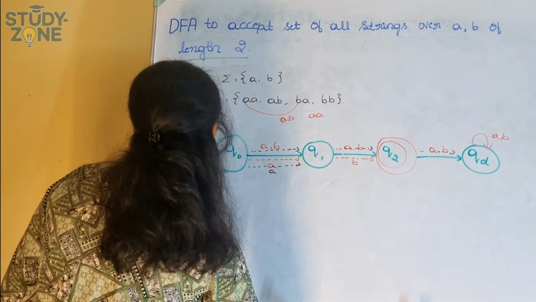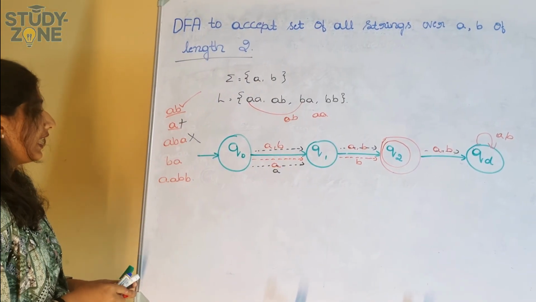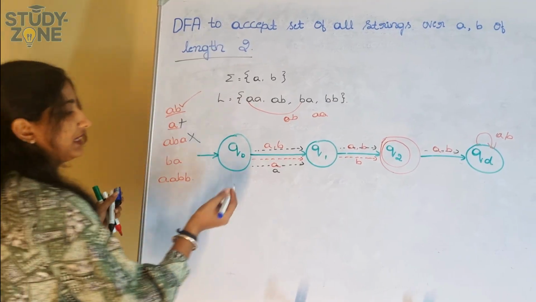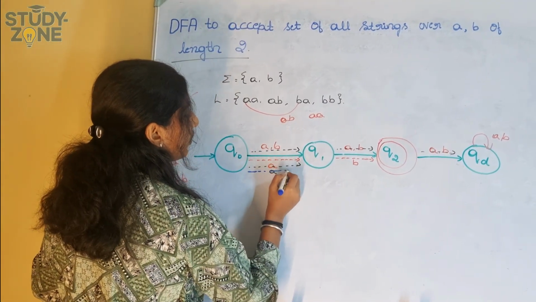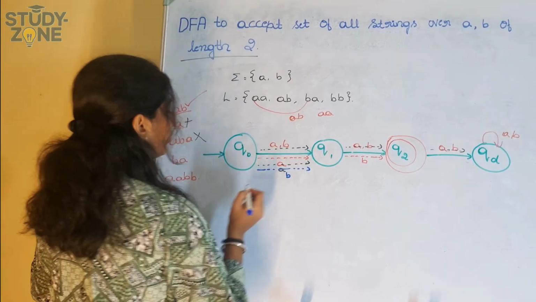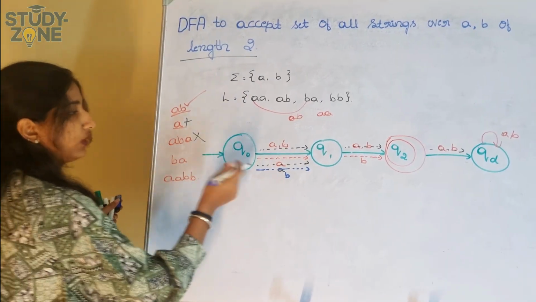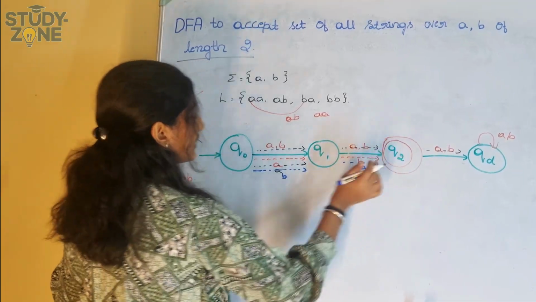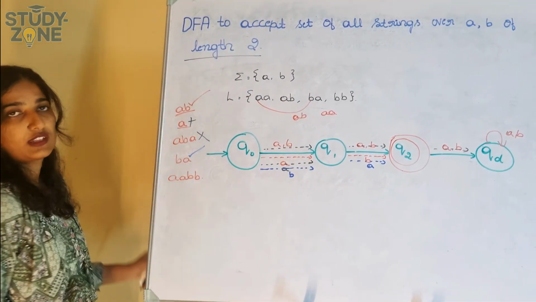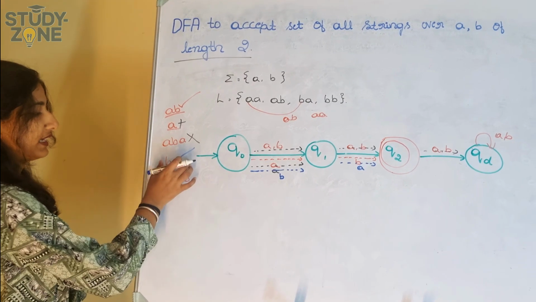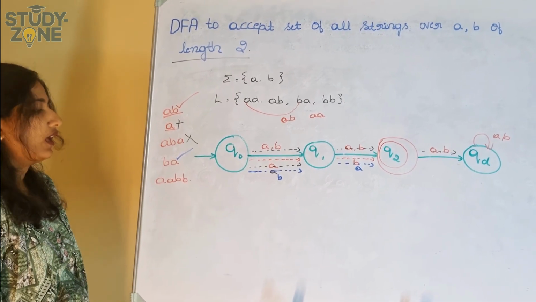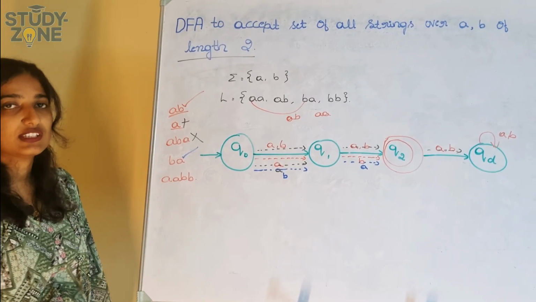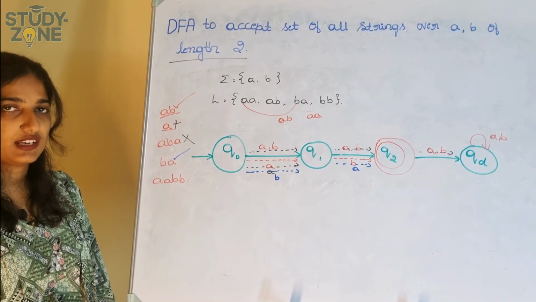Now I have BA as the example, right? So for BA, Q0 on B moving to Q1, and Q1 on A moving to Q2. So it is there in the accepting state, so my string gets accepted. Okay, last example, A, B, B. So think whether it should get accepted or rejected.